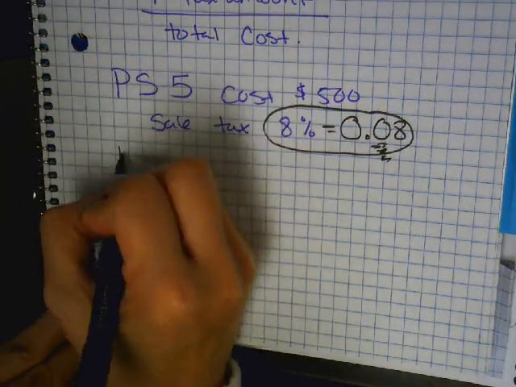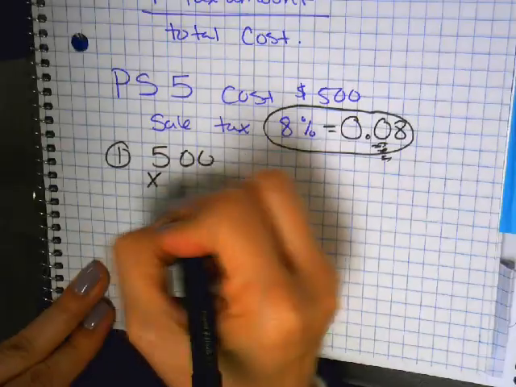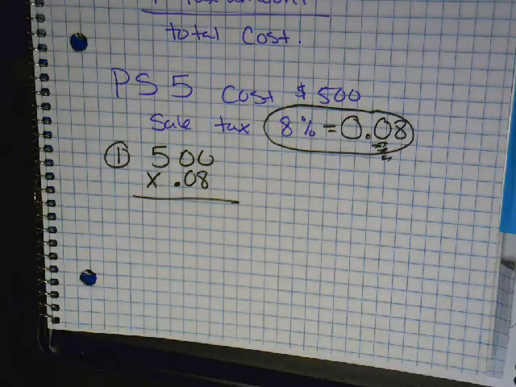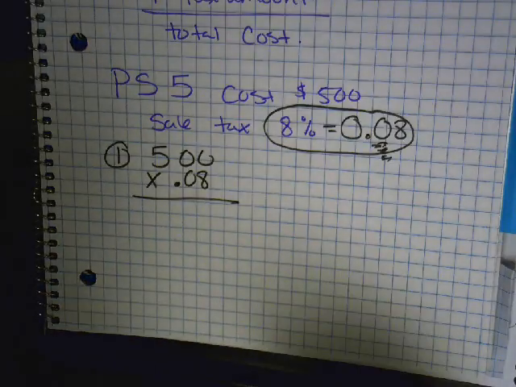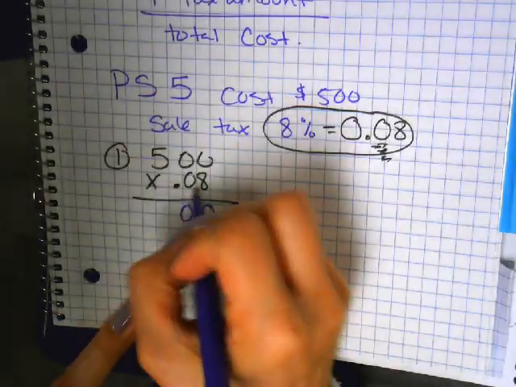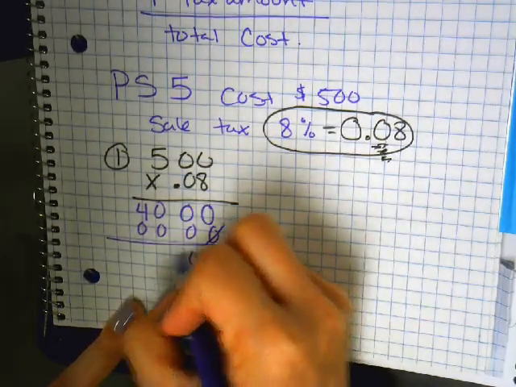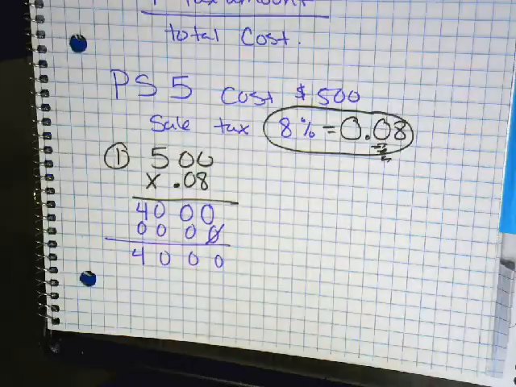Okay, step number 1. 500 times 0.08. How many times do I move my decimal? 2.